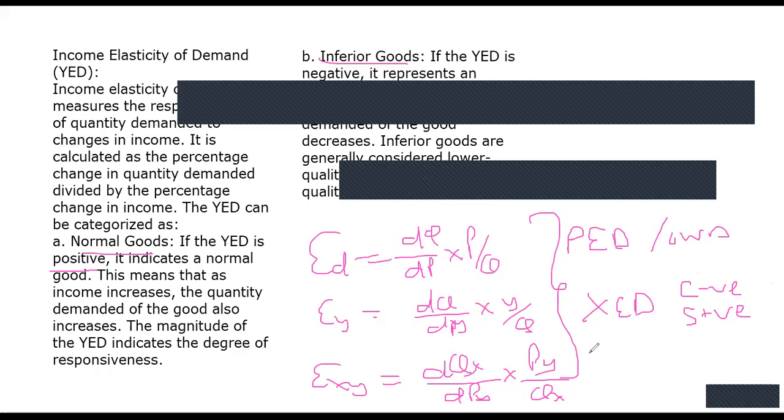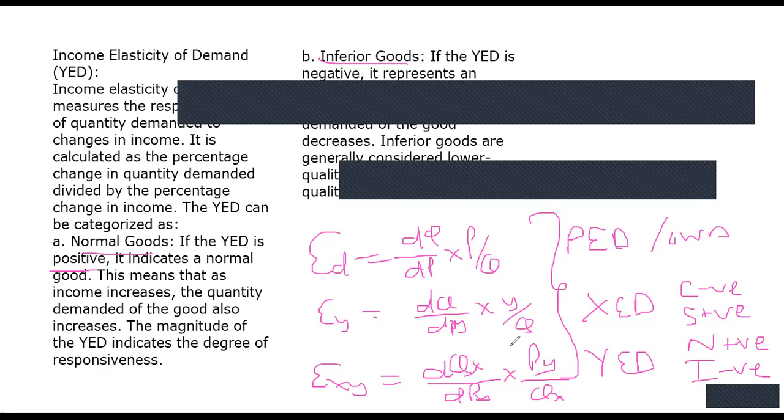When we come to income elasticity of demand, if we get a positive, it's called a normal good. If you get a negative, it is called an inferior good. A normal good simply means that as income goes up, the quantity demanded will go up.